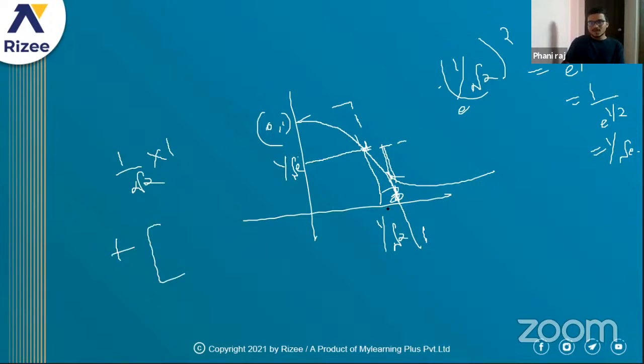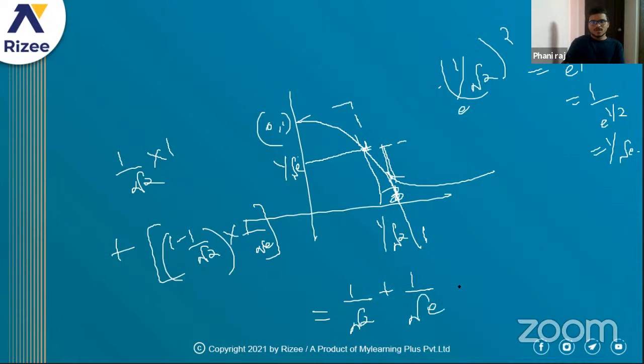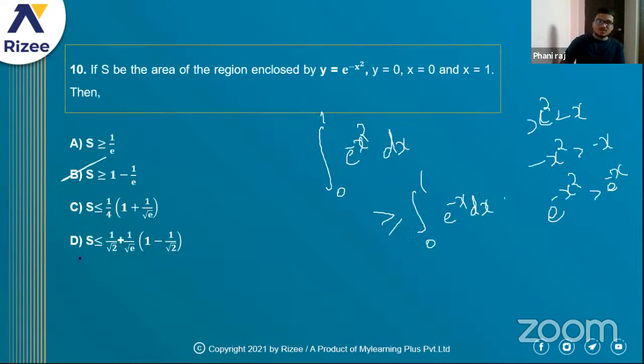Plus, this is 1 minus 1 by root 2 into, what is the height? 1 by root e. The entire thing is 1 by root 2 plus 1 by root e into 1 minus 1 by root 2. So option D is also the correct option.